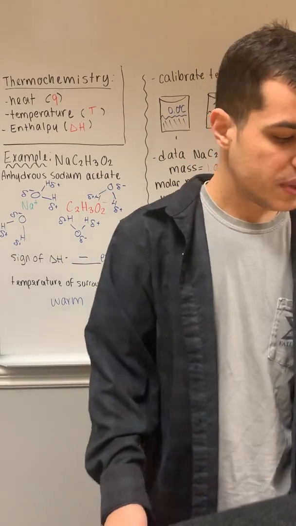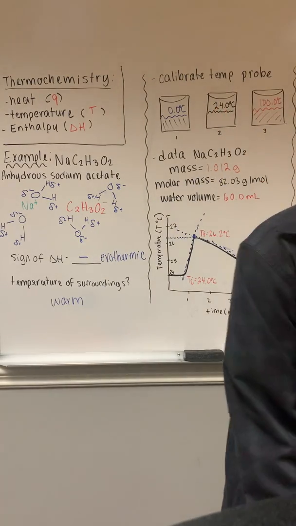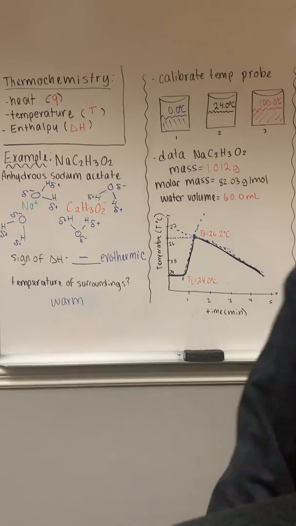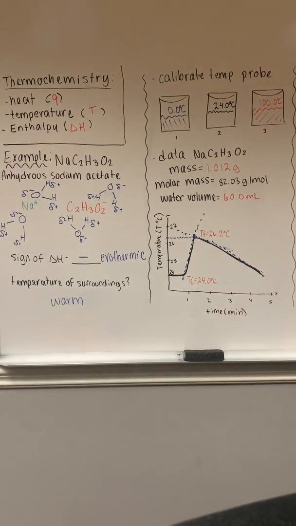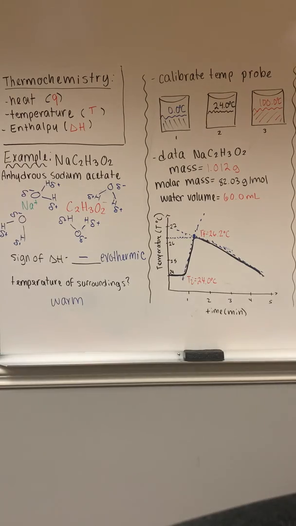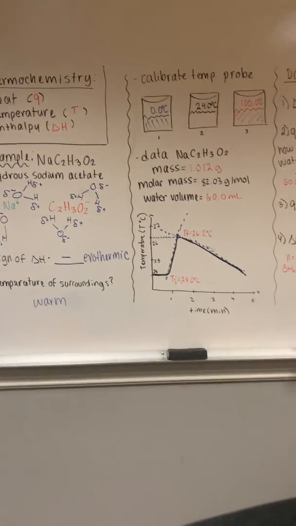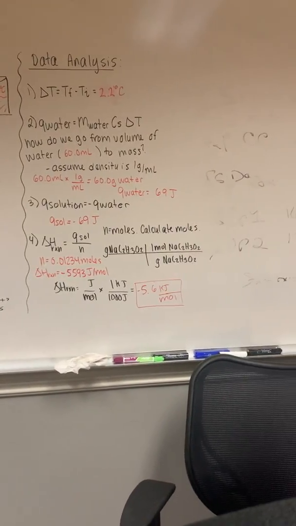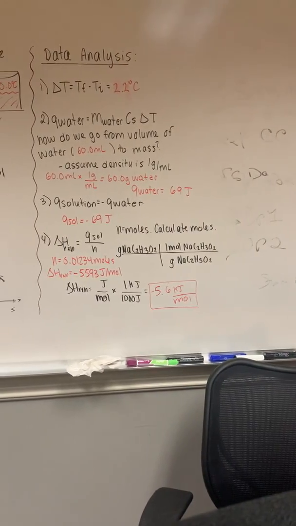So now I'm going to do my data analysis so you guys can see, and hopefully you'll be able to do the pre-lab 5 with this. So I'm going to move this real quick. There we go. Okay.